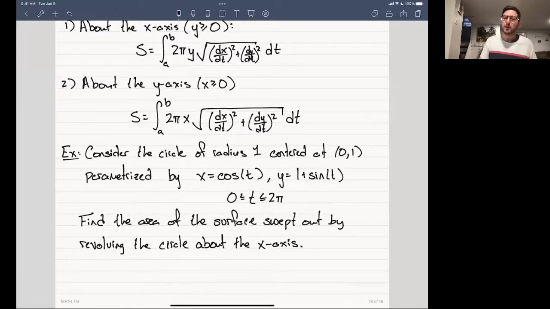Okay, so I'll spare you a drawing. The nice thing here is now we just have a really nice formula that we can plug this into. In our case, y is greater than or equal to 0, so we can use that number 1 formula here. We essentially just need to plug in some values.